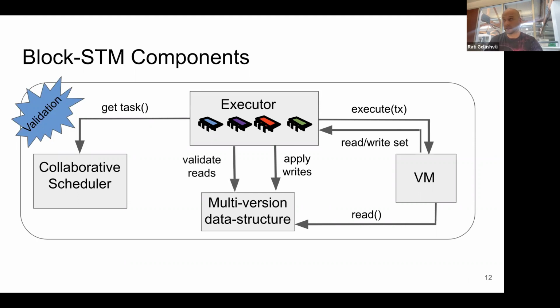When a thread gets a validation task, it repeats all the reads that happened during the execution we are validating, and makes sure that it reads exactly the same values that were read during that execution. Execution is deterministic, so this way it knows that the results of this execution are still valid. Of course, after performing a task, you have to tell the scheduler that the task was performed. And eventually, when the whole system is done, we commit the results to the storage.